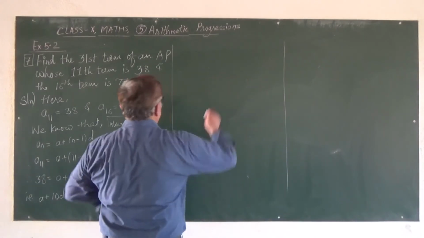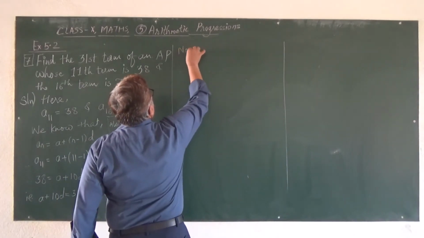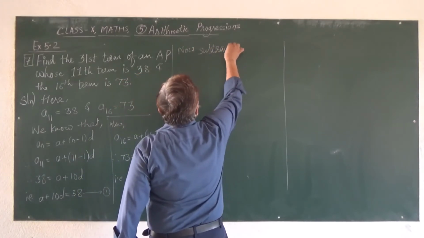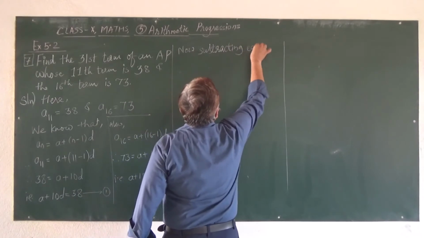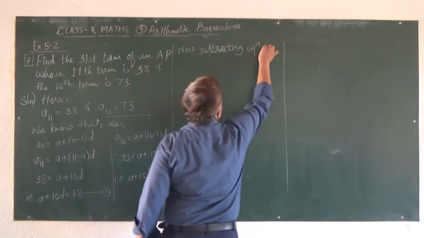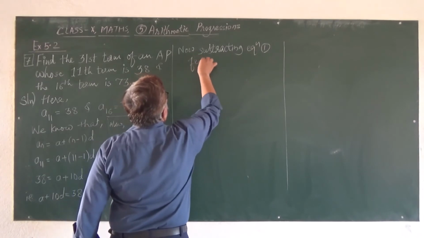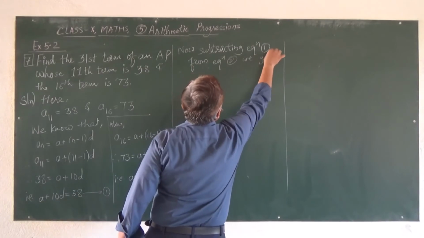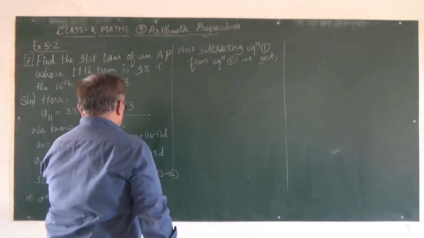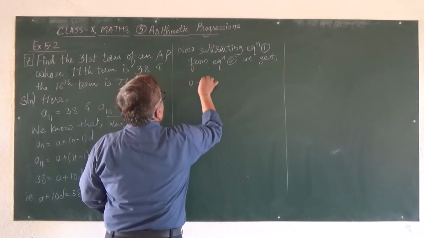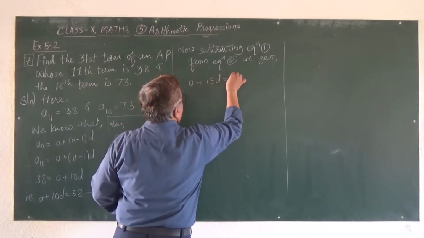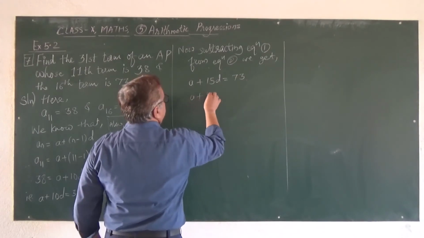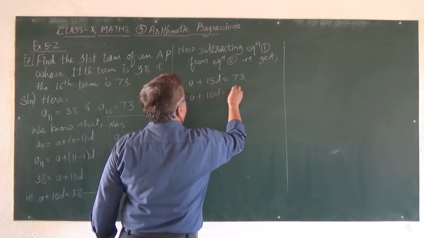Now, subtracting equation 1 from equation 2. Equation 2 is a plus 15d is equal to 73, and a plus 10d is equal to 38.